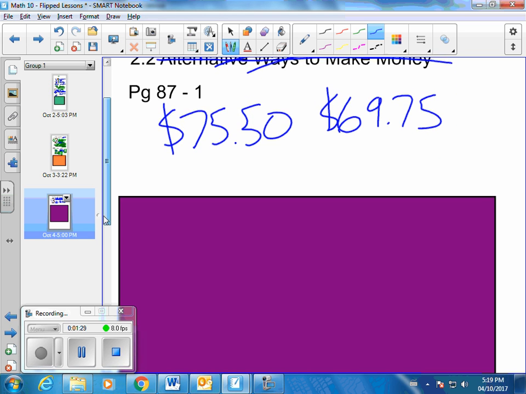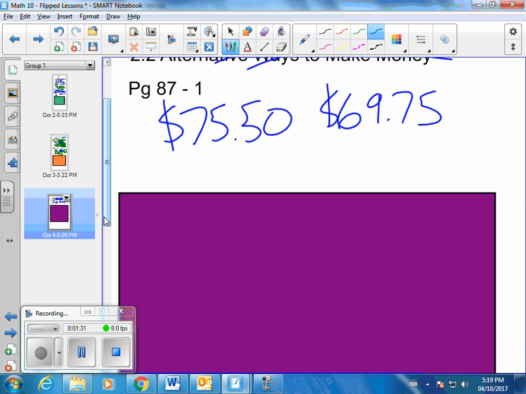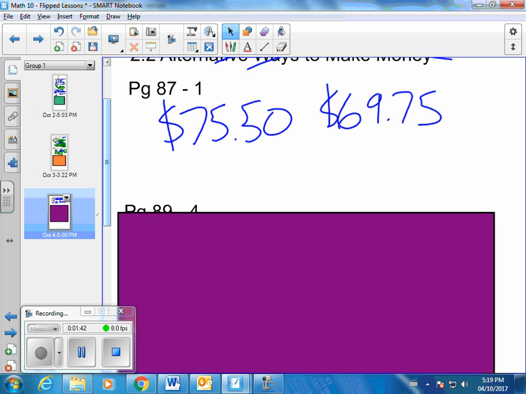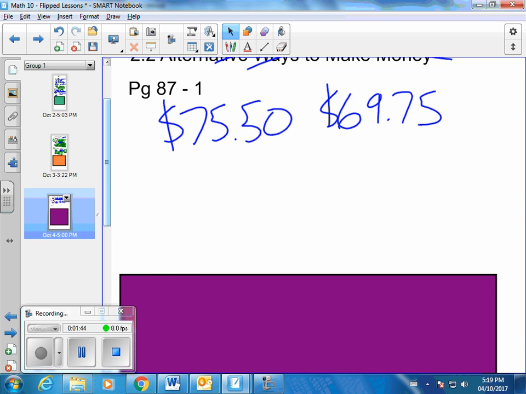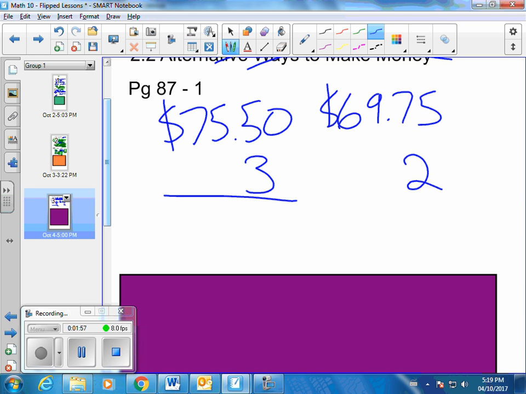You need a little bit more wool for big ones, you need a little bit less wool for the other ones. So what we need to do is figure out how much she's going to earn based off of how many of each of those she actually winds up making. So I'm going to pull this down and get it out of the way. If we read on in the question, we know that she knits 3 large sweaters and 2 of the medium sweaters.